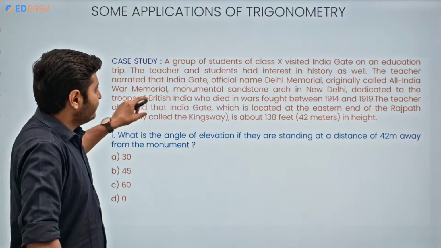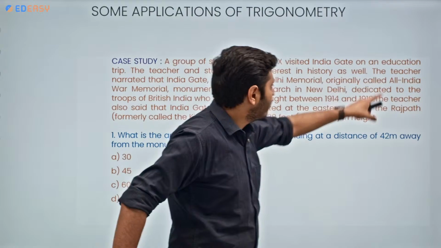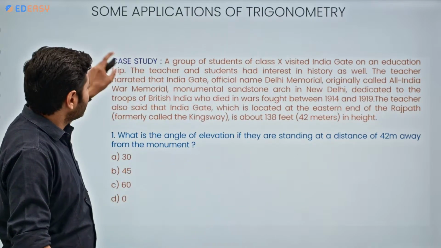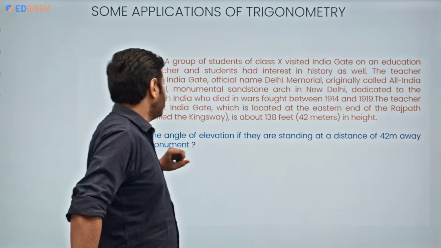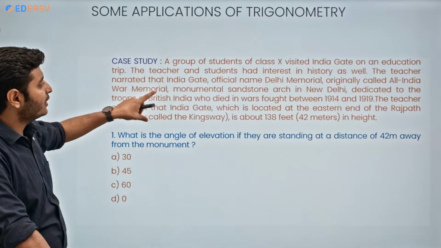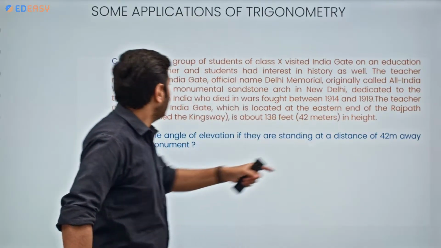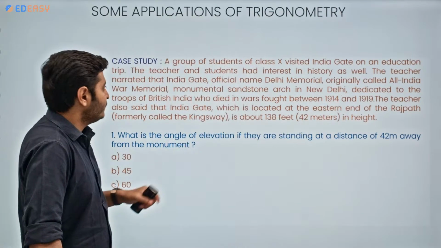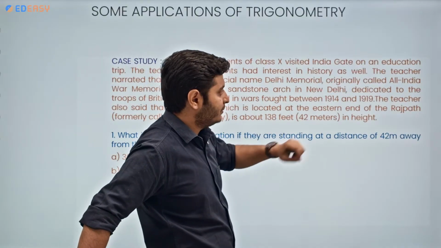In this case study, a group of students of class 10th visited India Gate on an education trip. The teacher and the students had an interest in history as well. The teacher narrated that India Gate, officially named Delhi Memorial, originally called All India War Memorial, is a monumental sandstone arch in New Delhi.